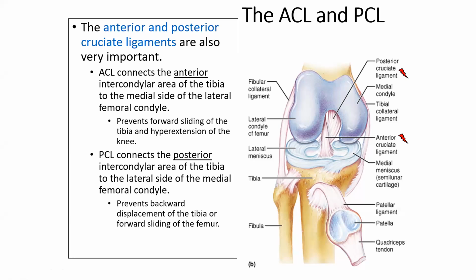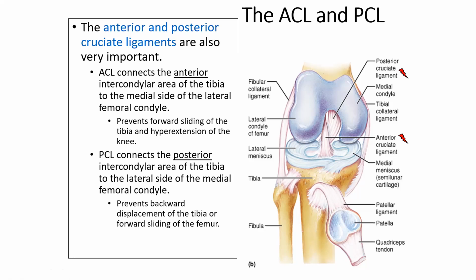The PCL attaches at the back of the tibia and extends to the front up here to the medial condyle of the femur. And this is to keep the tibia from going backwards. So both of these are very important. The ACL seems to get the brunt of the sports injuries.